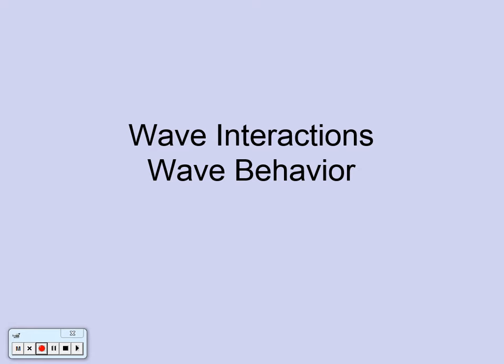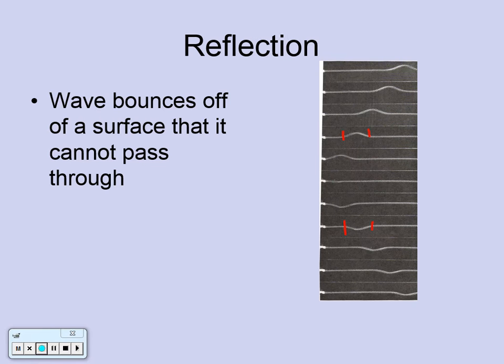So let's talk about what happens when a wave encounters a new medium. 3 things could happen when a wave encounters a different medium, all right? So let's talk about what 3 things could happen. So the first thing that can happen is called reflection, all right? And like its name suggests, when a wave bounces off of a surface that it can't pass through, all right?